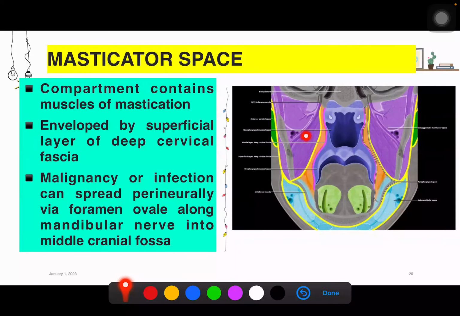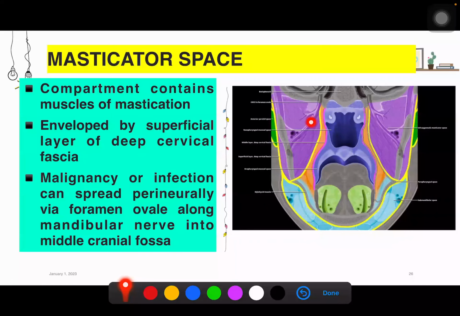The medial pterygoid will attach to the inner surface of the mandible, along with the temporalis muscle. This is the mandibular nerve emerging from foramen ovale. Actually, these spaces may serve as a means of spreading infections and tumors along the nerves into the cranial fossa.